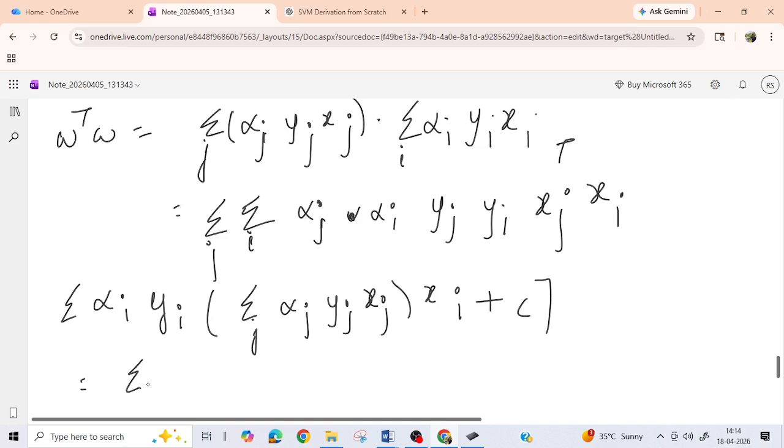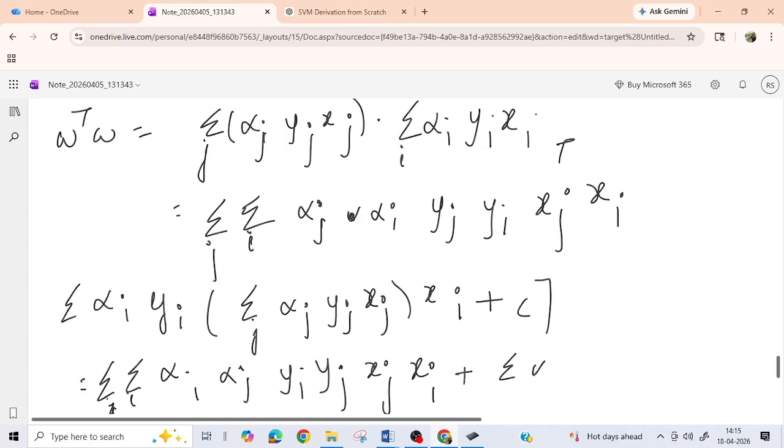So this becomes the summation over I and j of alpha I, alpha j, yj, xj, xi, and then we would also have summation of alpha I yi into c.